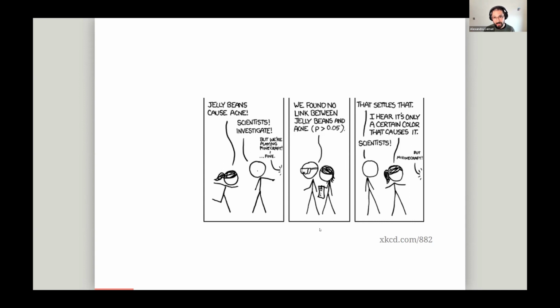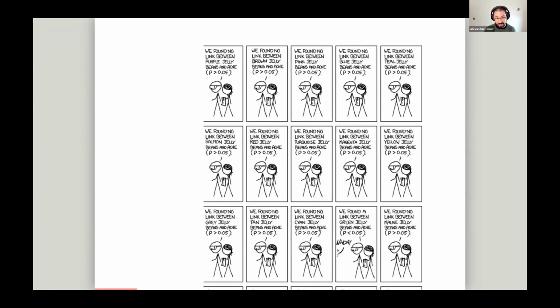But then we have another hunch that maybe it's a particular color that is the cause. So we should look at the effect of jelly beans on acne for different colors. And we go about doing this many times, and then eventually one of these tests is significant. So here we see that out of 20 tests, we find one that is significant.